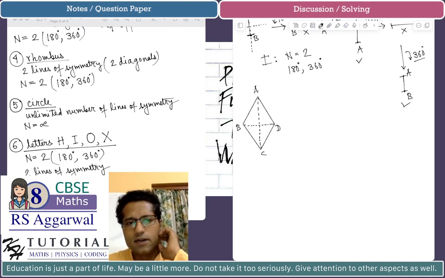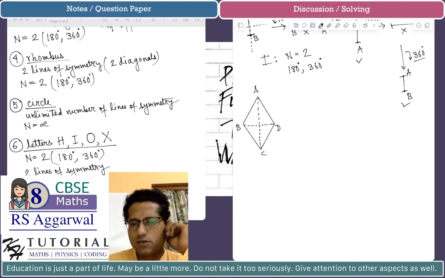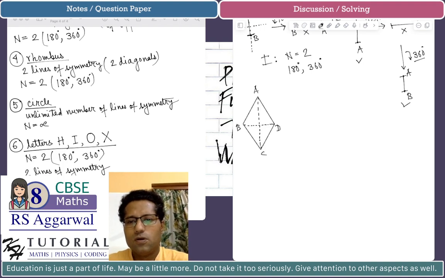Now let's understand the rotational symmetry of the rhombus. If you rotate the rhombus clockwise by 90 degree, the rhombus will look something like this.